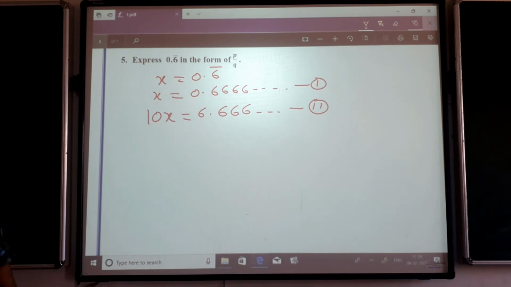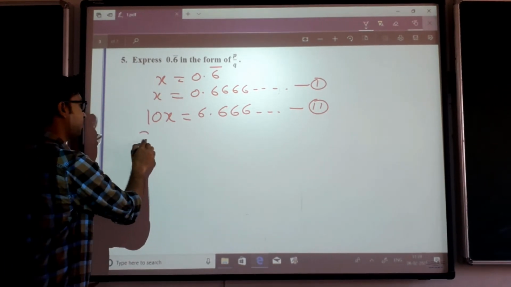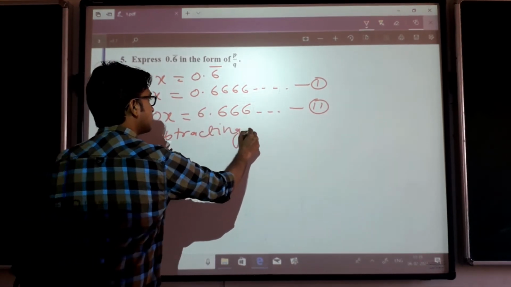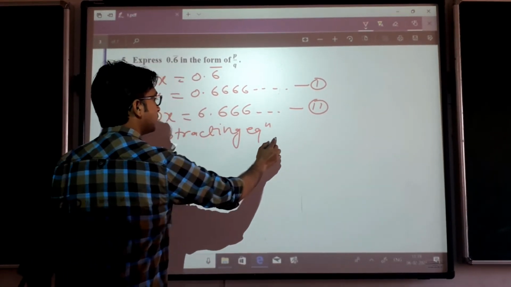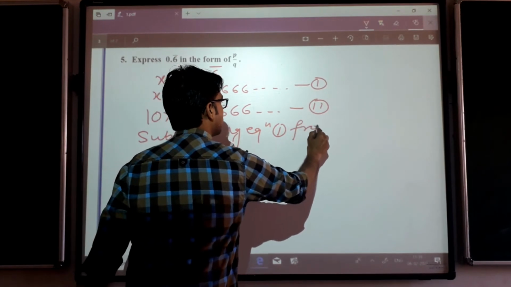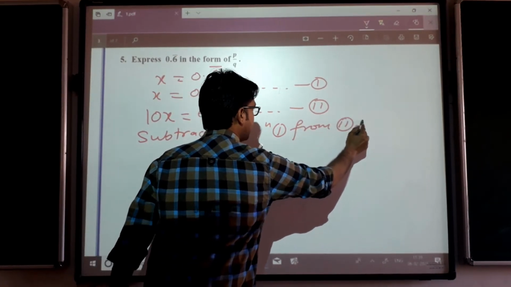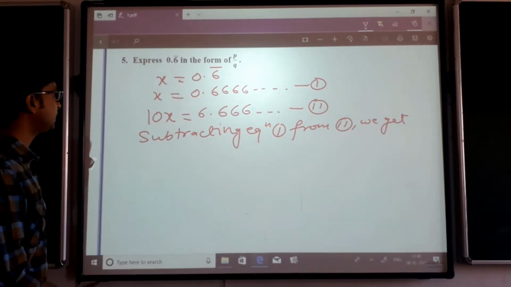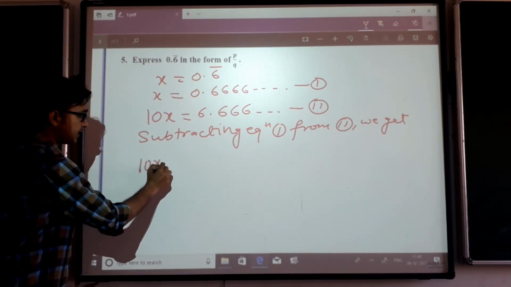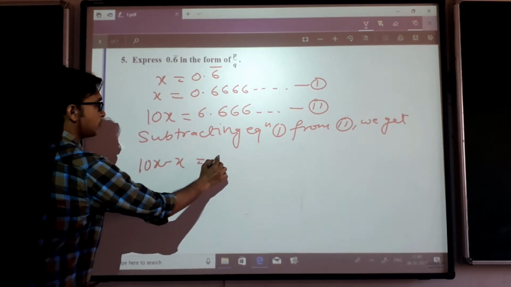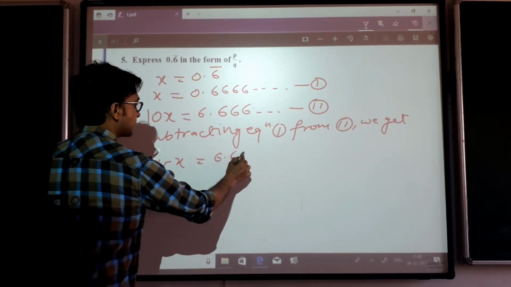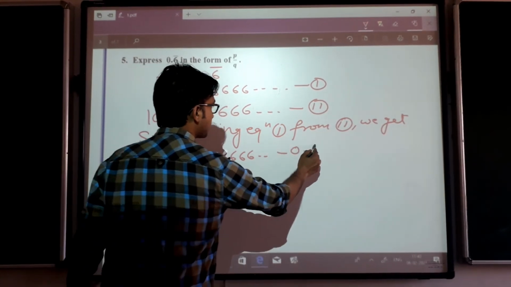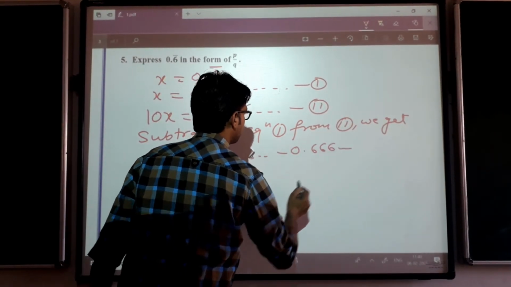So our next work is subtracting equation number 1 from 2. What do we get? So we write here 10x minus x equals to 6.666 minus 0.666. Clear?